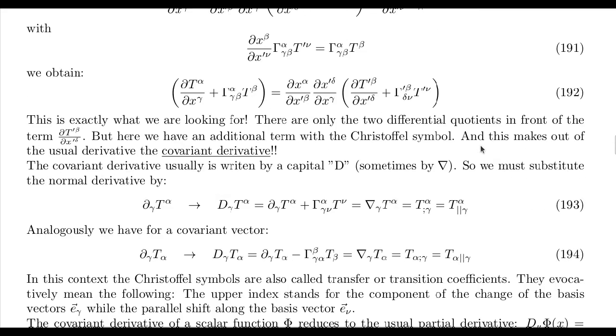And so we call such an expression here in parentheses now the covariant derivative. So that means we have not only a differential quotient if we want to differentiate a tensor. We have an additional term with a Christoffel symbol of the second kind.